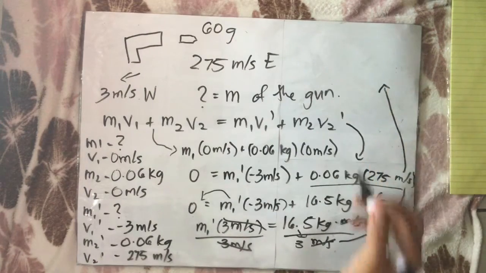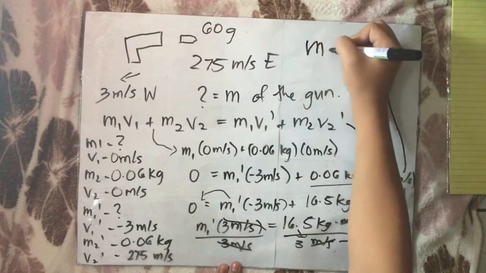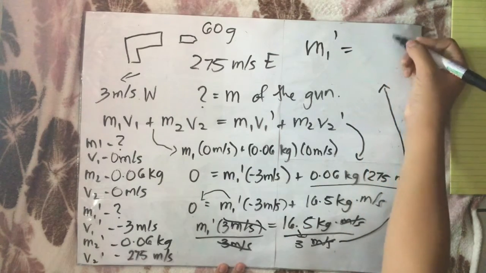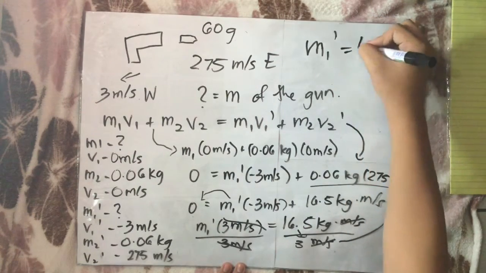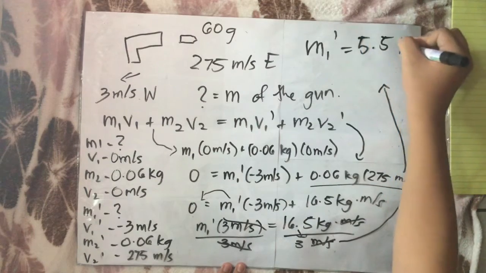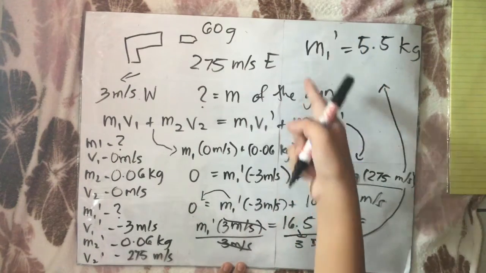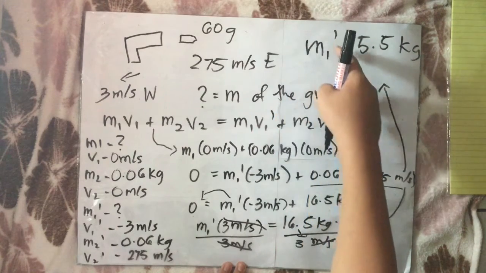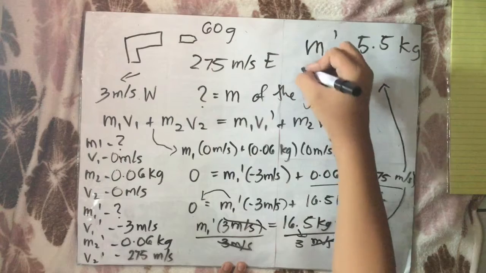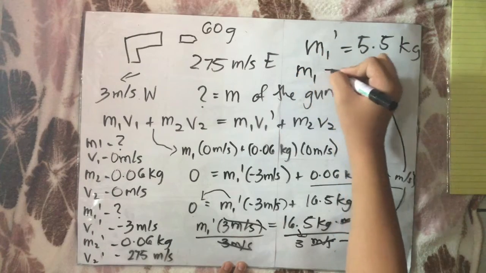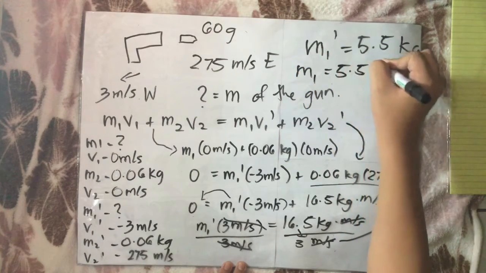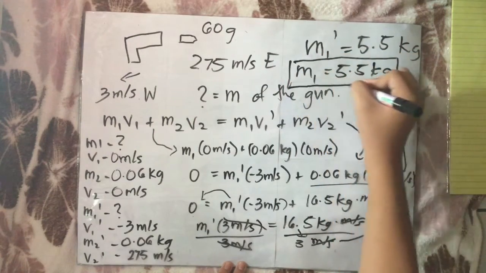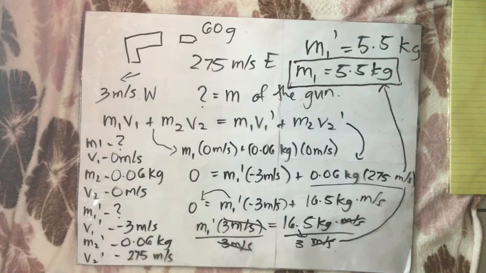So mass 1 after is equal to 5.5 kilograms. Since mass 1 is equal to mass 1 after, mass 1 is also equal to 5.5 kilograms. And this is the mass of the gun.